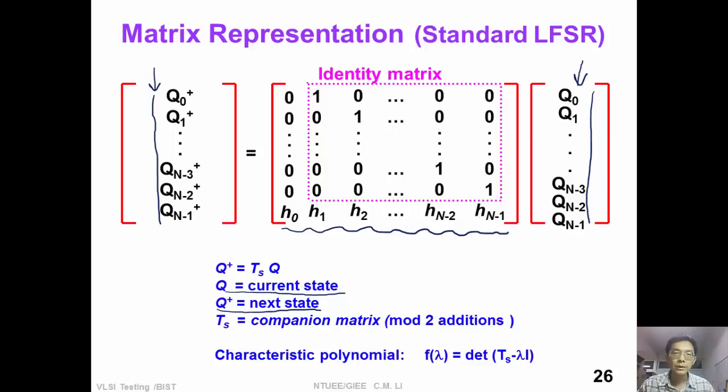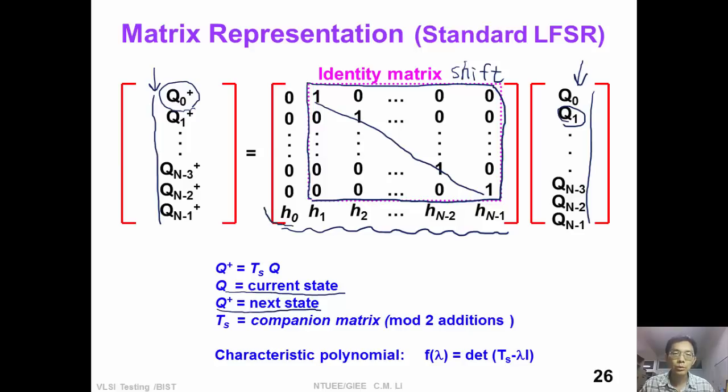In the middle of this companion matrix, we have an identity matrix, where all components are 0 except the elements on the diagonal line. This identity matrix represents the shift operation of the LFSR. So Q0 plus is actually equal to Q1, which is a right shift operation.